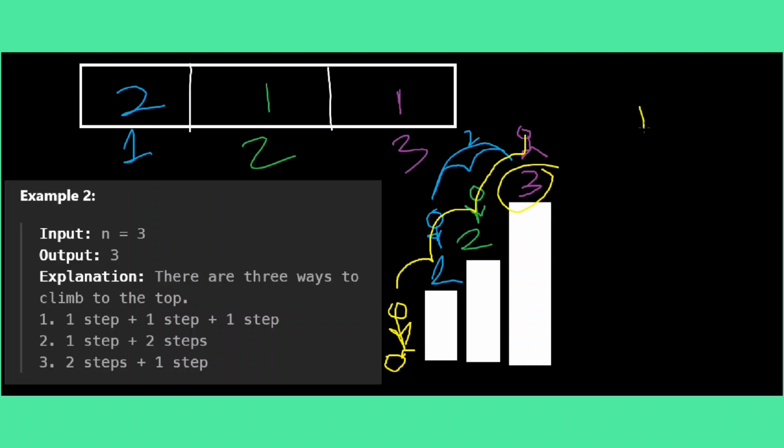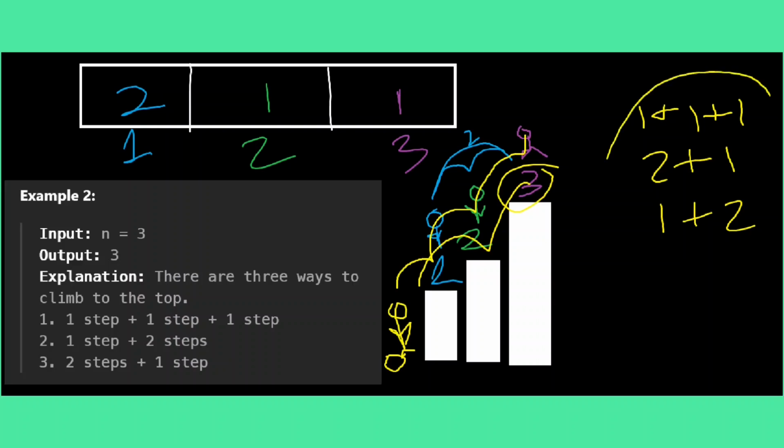This is one way, 1 plus 1 plus 1. Then another way is to take 2 steps and then 1 step, 2 plus 1. Similarly, 1 plus 2. There we go. We can't take 3 steps altogether, right? 3 steps is basically 1 plus 1 plus 1. So this leads to 3 total ways.